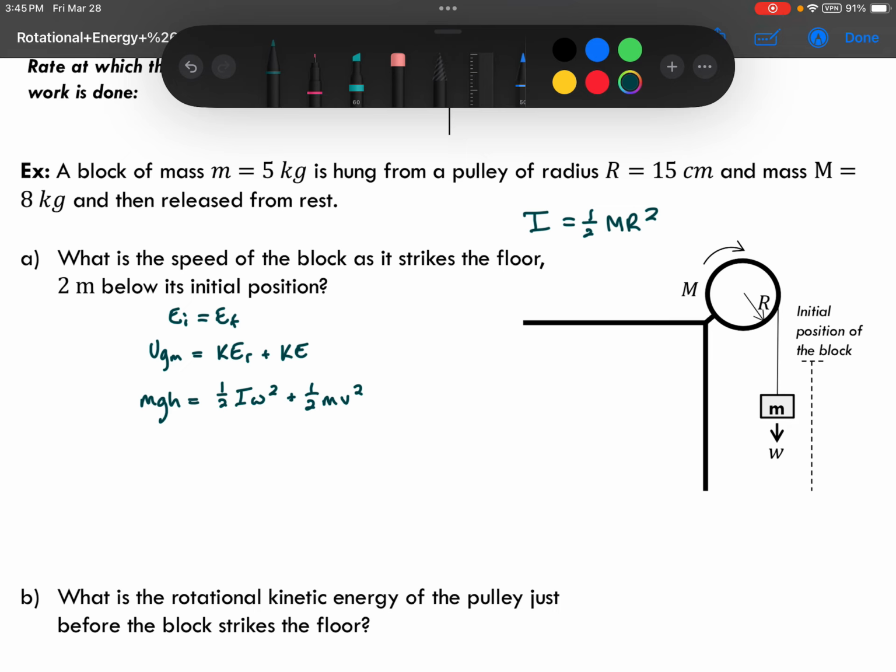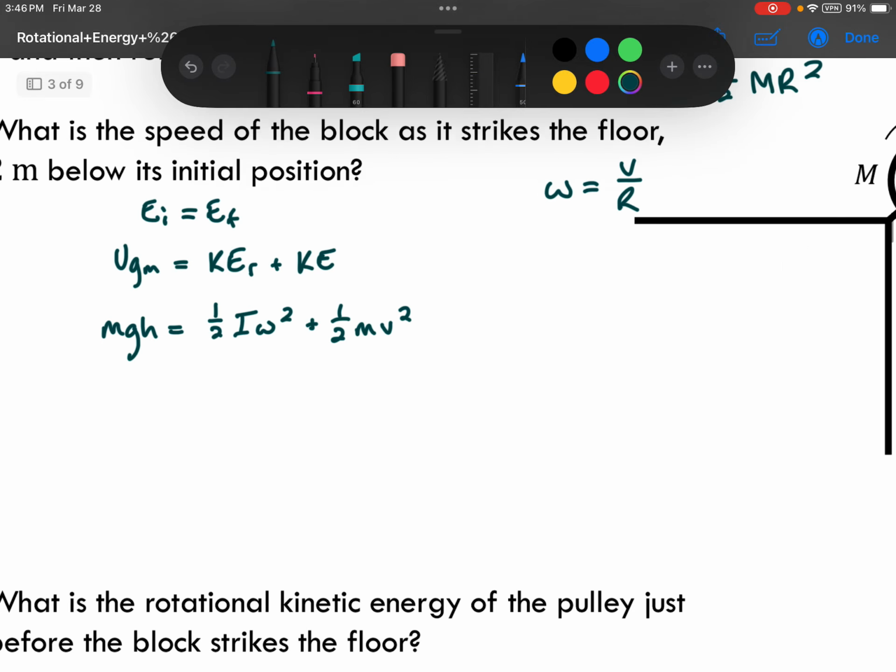And just like before, we're going to put that in for I, and we're also going to put in that omega is the tangential speed divided by the radius of the pulley. And that's going to allow us to find the tangential speed of the system, or the speed of the block.